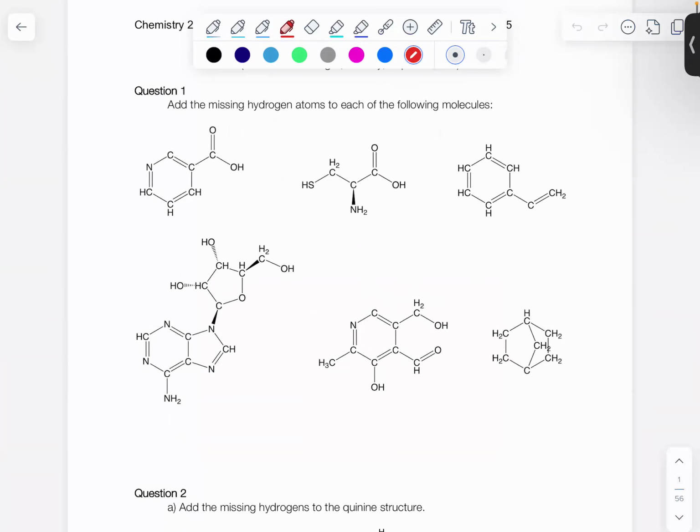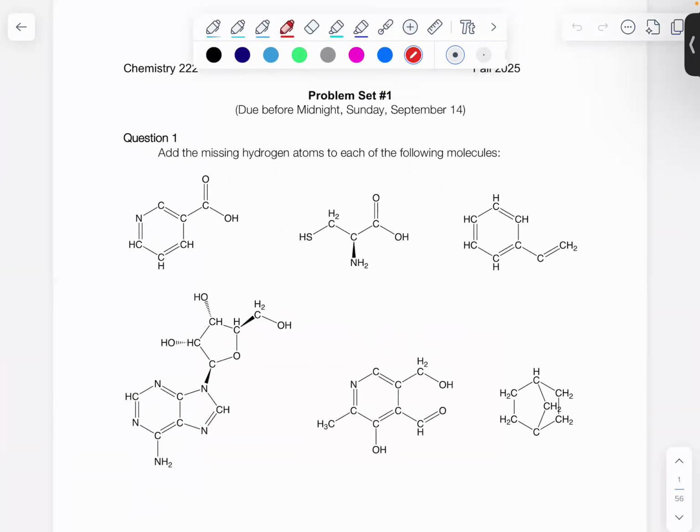This first question, we want to add the missing hydrogen atoms to each of the following molecules. So what we're looking for here is who is not following the octet rule and their valence electron rule. At this point, I hope you all know that oxygen likes to have 2 bonds, carbon likes to have 4 bonds, and nitrogen likes to have 3 bonds.